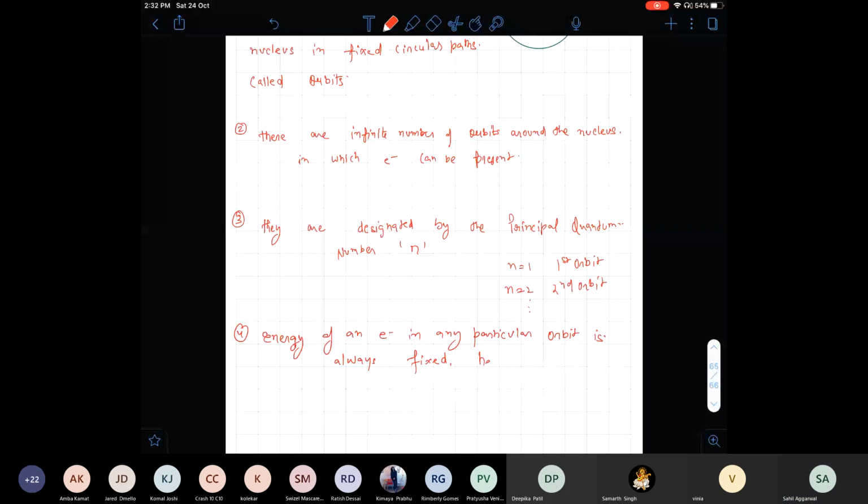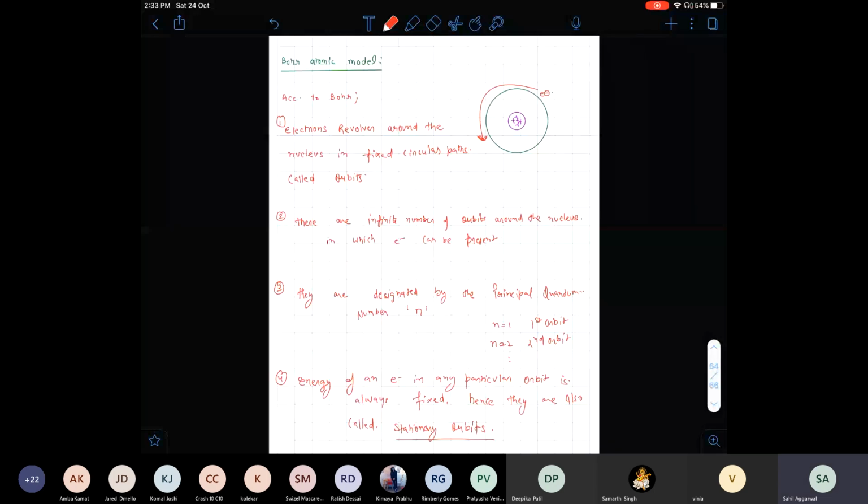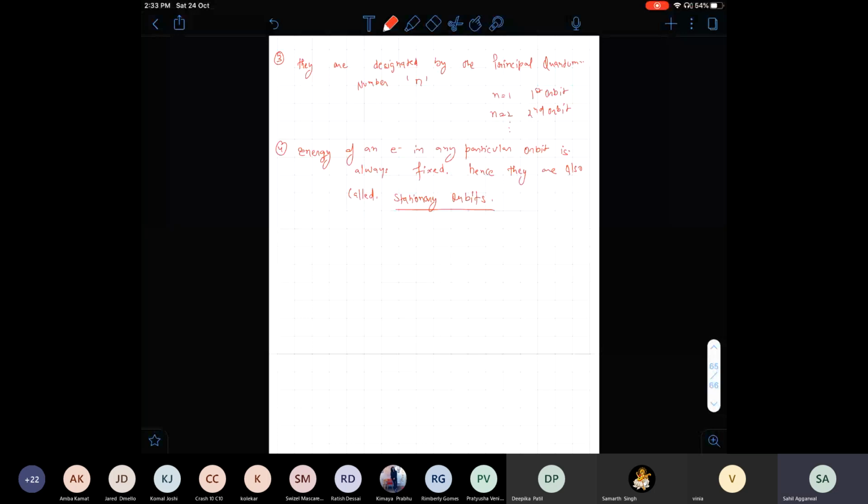Hence, they are also called stationary orbits. Done, all of you?